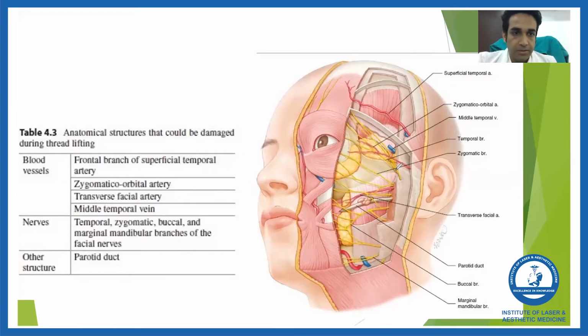All right. So we know about the veins. Now, as a rule, do you know where the arteries come from? Most of them are coming from the external carotid artery and traversing all over the face, or the branches of the subclavian artery are coming up. Now, where do the nerves come from? These are the cranial nerves.